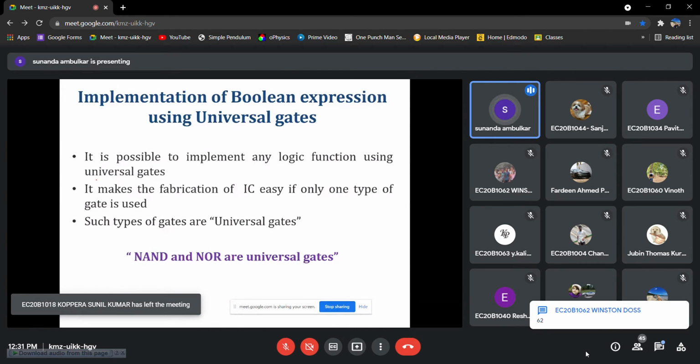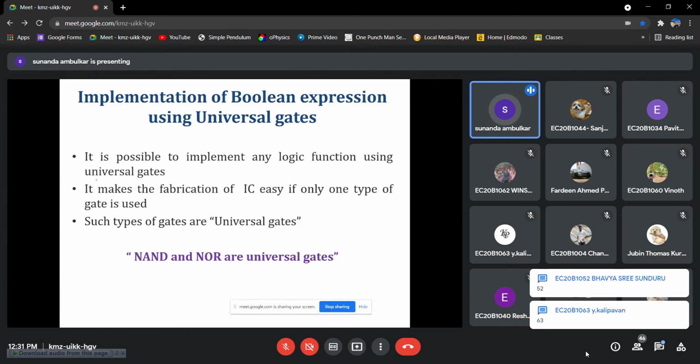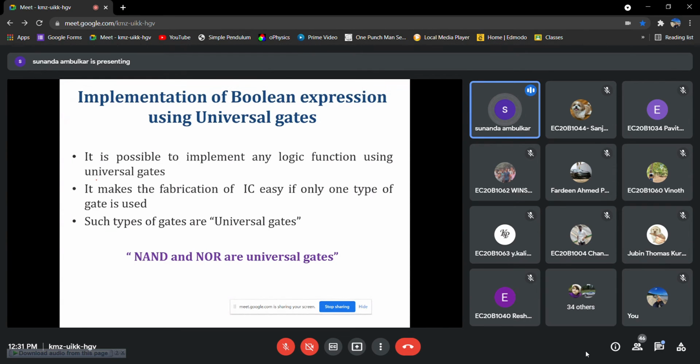So why are we studying universal gates? Because whatever we have done till now, we have been minimizing a complex Boolean expression. The steps are: we prepare a Boolean expression, finding the solution for the application for which we are implementing the digital circuitry.